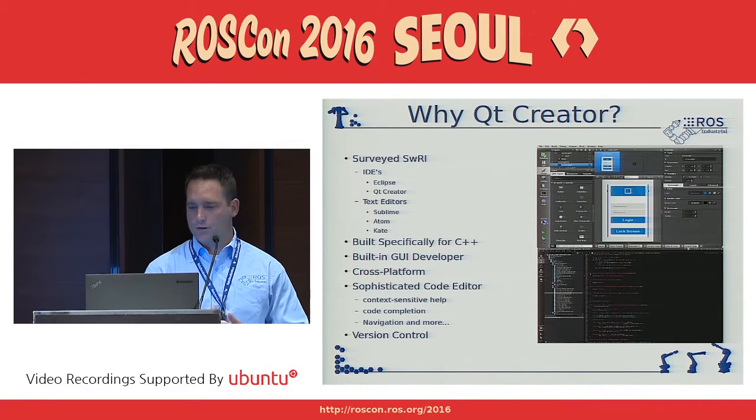The reason for choosing Qt Creator is it was built specifically for C++. It had built-in GUI development right in the IDE. We did a lot of GUI development, so it was nice to have something that already had that built into it. It is cross-platform, and it has a sophisticated code editor for C++ and version control.